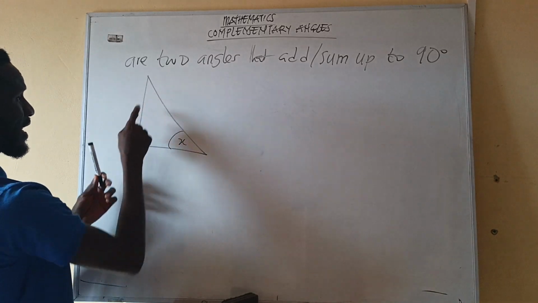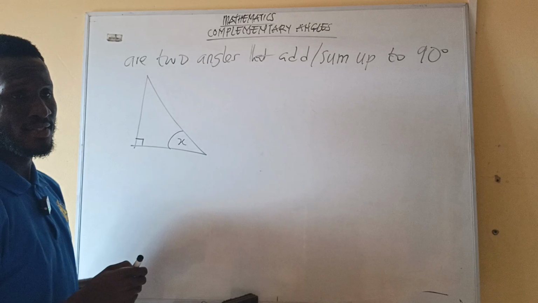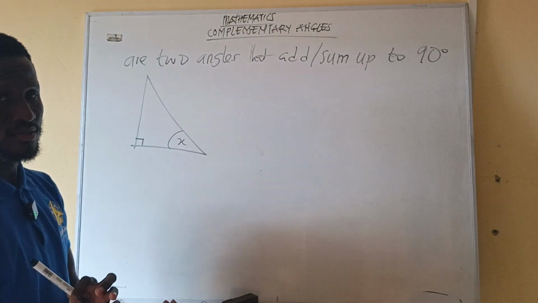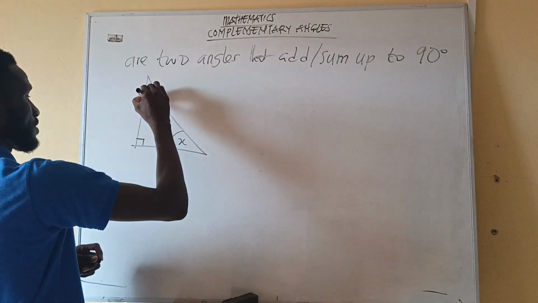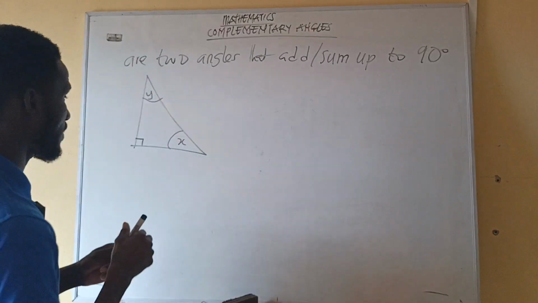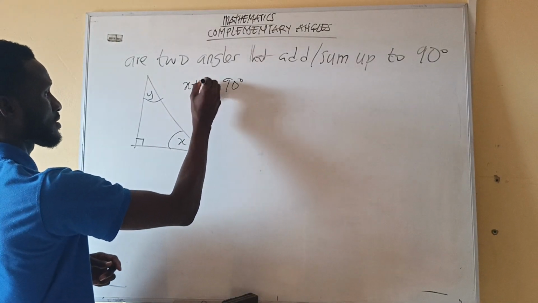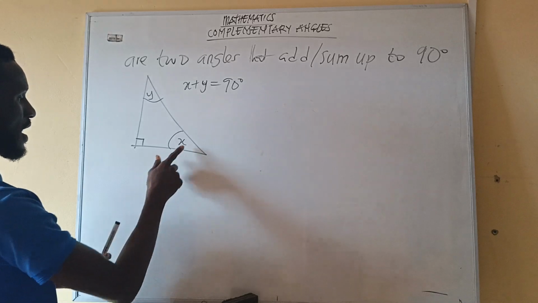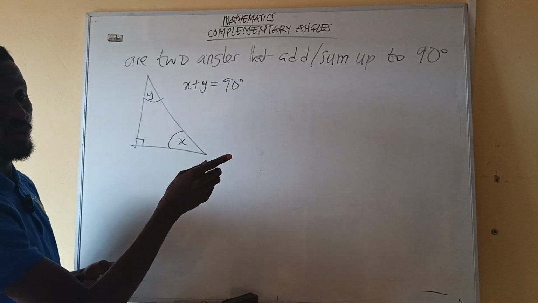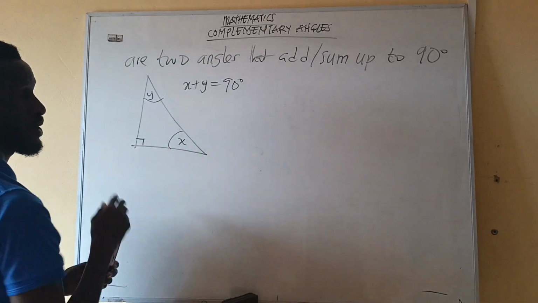Because here and here add up to 90 degrees, I can consider this angle as 90 minus x, right? Okay, now let me consider this one as y. Don't forget that if I add x plus y plus here, it's supposed to give us 180. When you group, here plus here is 90, because here is already 90 degrees.